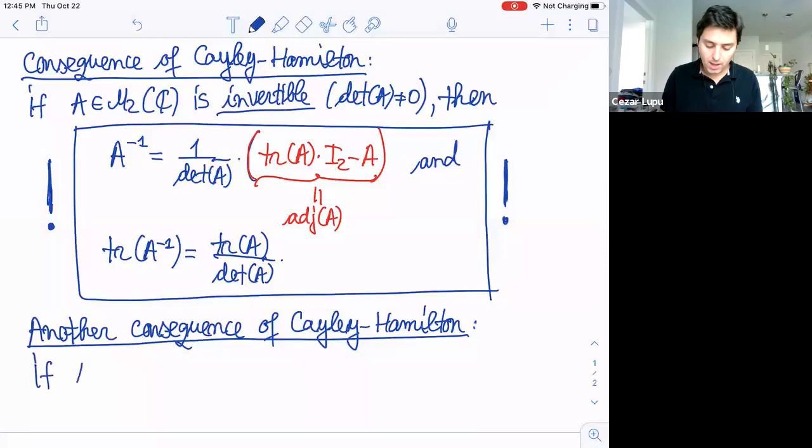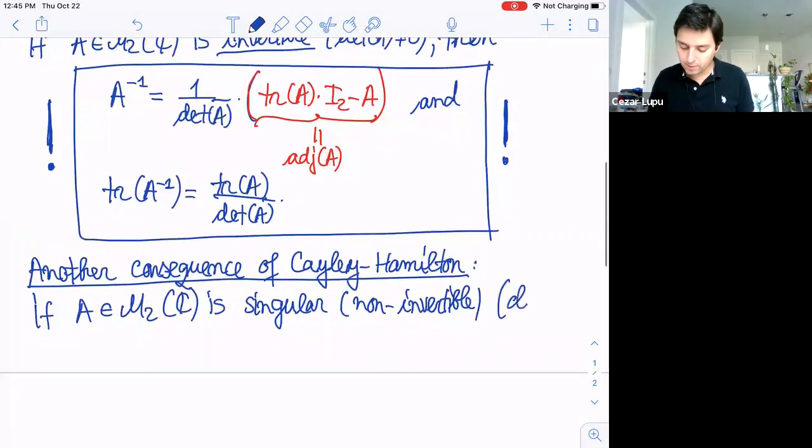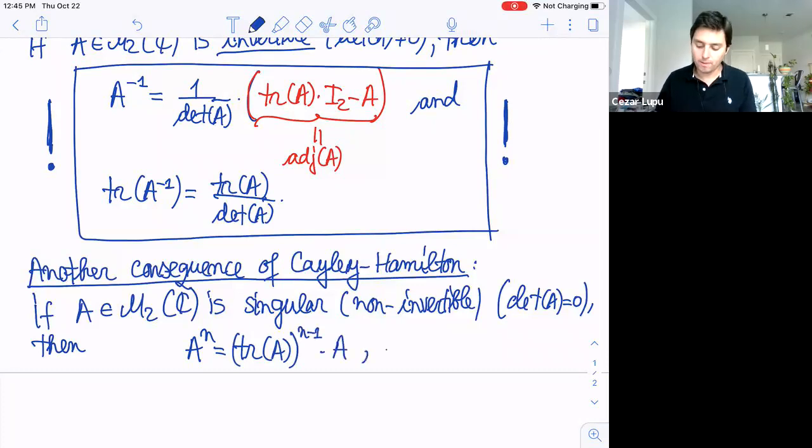If A is in M2 of C, I want to see what happens now if the matrix A is non-invertible, or singular. What I mean by that is that the determinant of A is actually 0. Then something happens with the powers of A. You can say that A to the power n will be nothing else than just the trace of A to the power n minus 1 times A. This is how you can write this for all n in N.